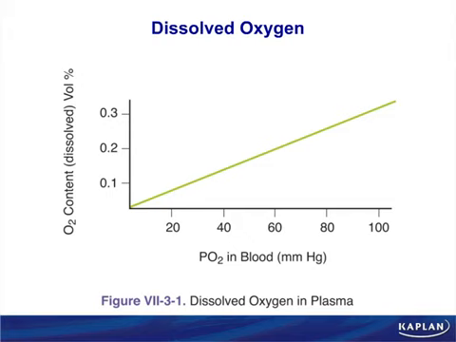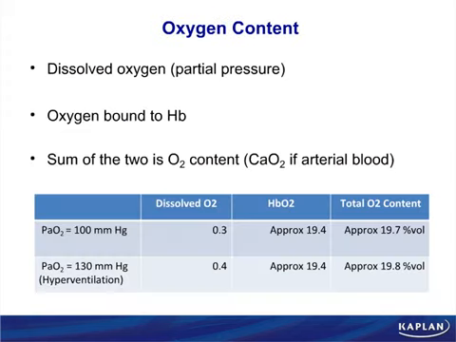So the plasma compartment. So PO2 represents the pressure exerted by the dissolved gas. That's what PO2 represents. So as PO2 goes up, there's clearly a direct relationship to the amount of oxygen that is dissolved. So the dissolved oxygen is the partial pressure, and that's one way we transport oxygen.